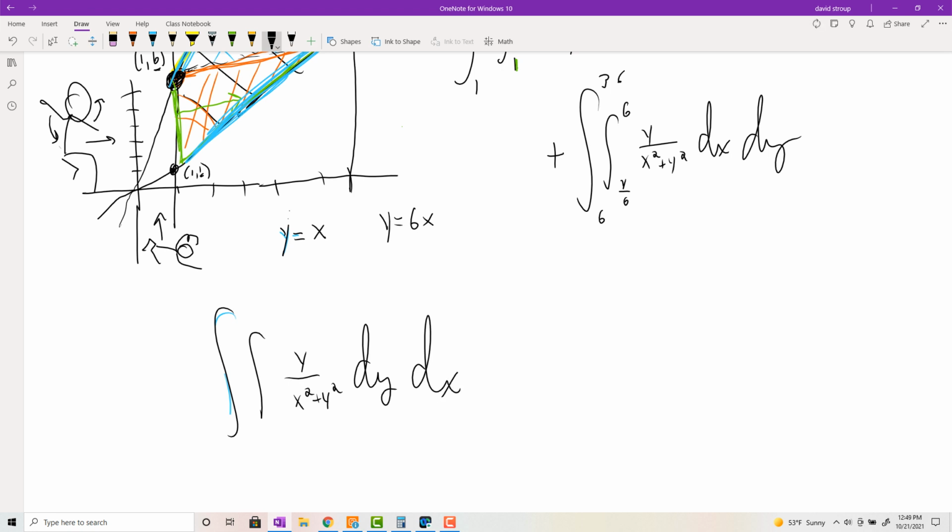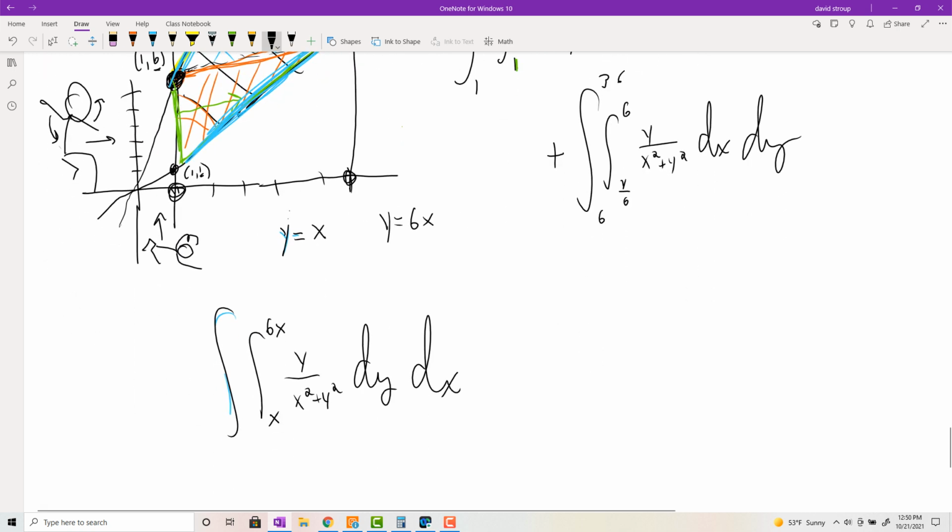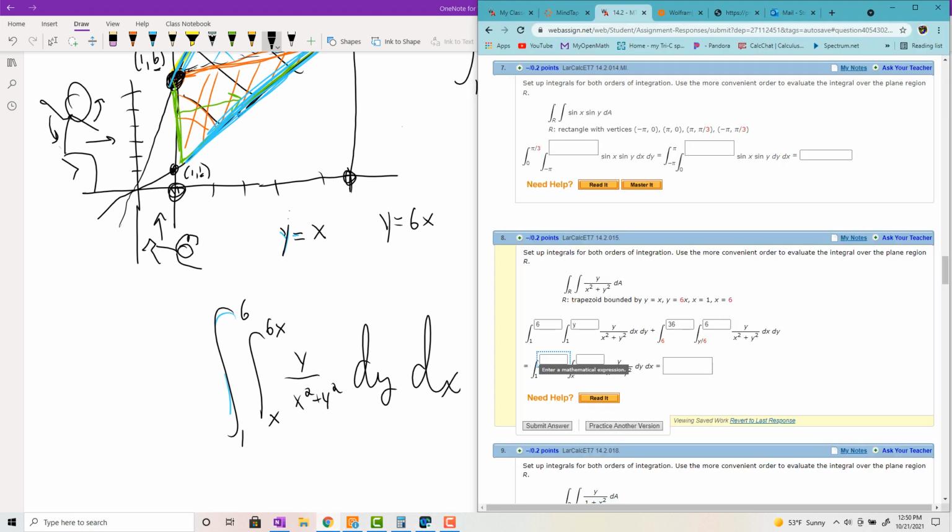So dy dx. So y equals x to y equals 6x. And then point to point, looks like I'm going from 1 to 6. You just look at the x coordinates of the points. So 1 to 6, and then we could type that in. So 1 to 6, and then x to 6x.